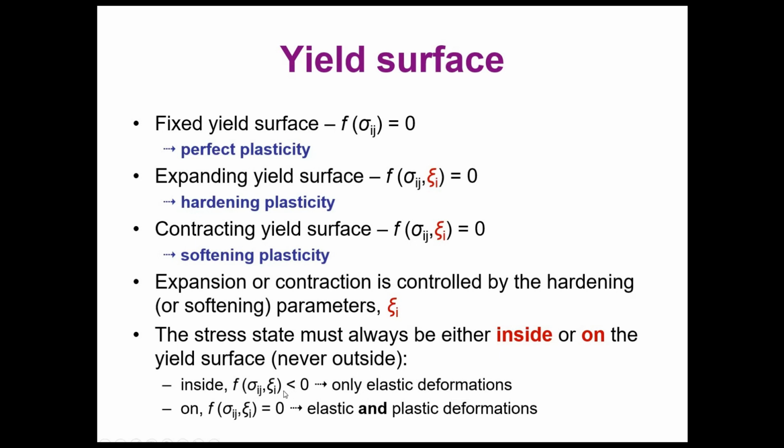So a way of representing that you are inside the region established by the yield surface is to say that the equation of the surface is less than 0. So you have only elastic deformations in those cases. And if you are on the surface, you have a combination of elastic and plastic deformations.